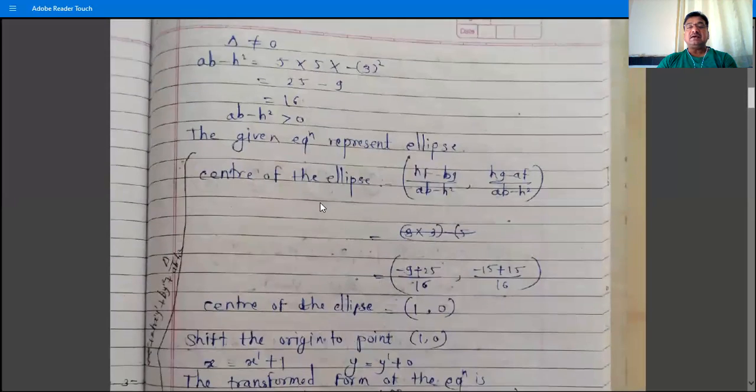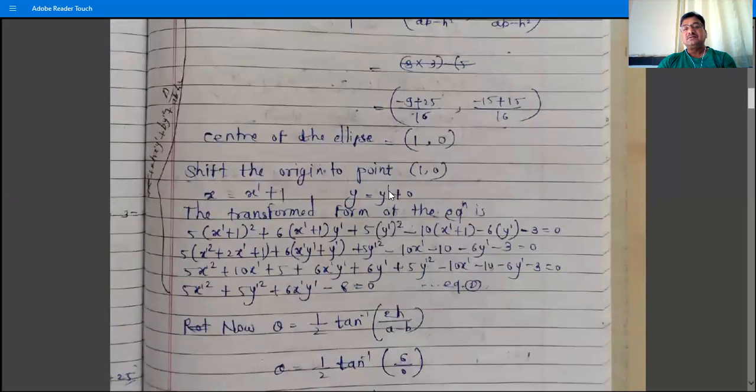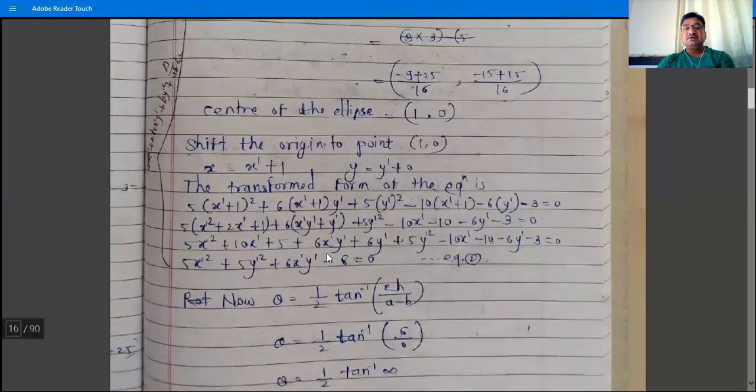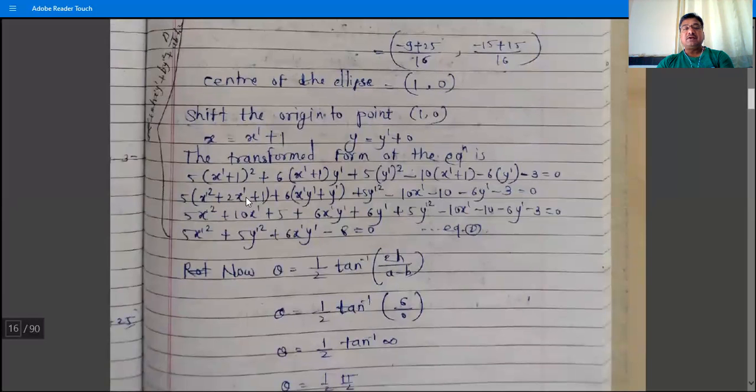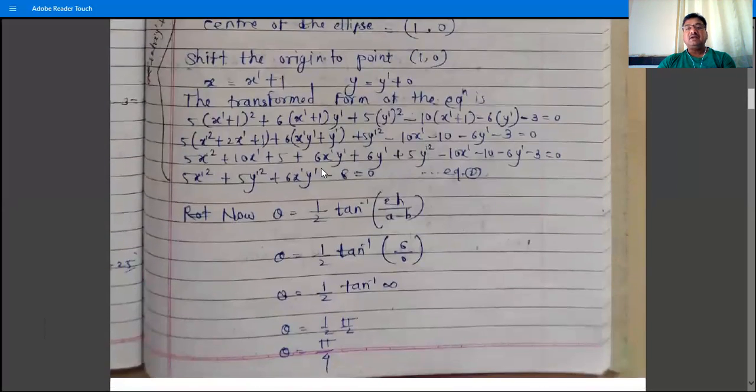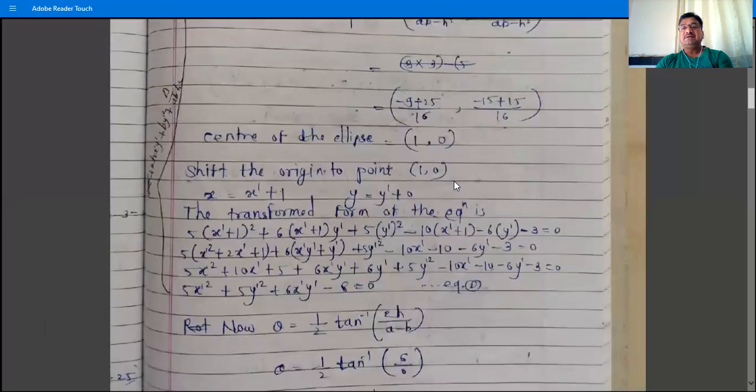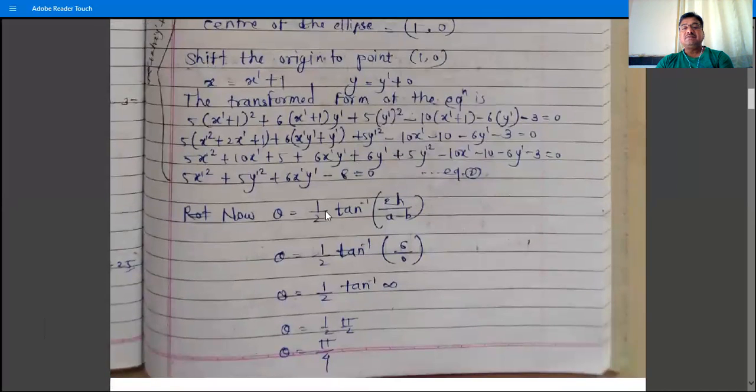So replace x by x' + 1 and y = y'. After simplification, we have 5x'² + 5y'² + 6x'y' − 8 = 0. This is equation number 2. The given equation is equation number 1, and this is equation number 2.